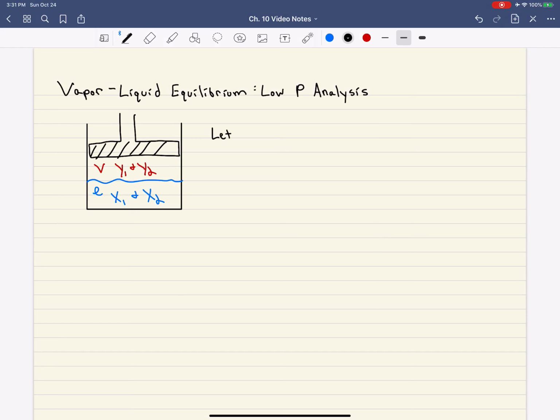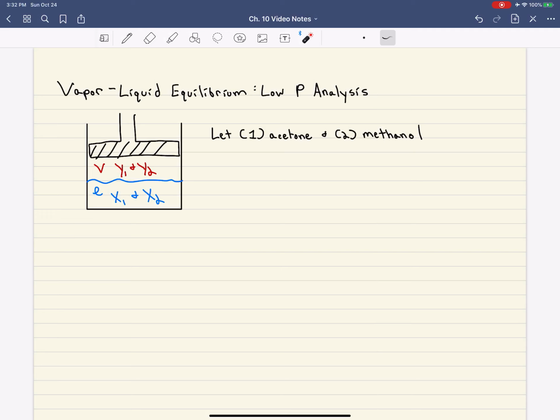If you want a more concrete example, you could think of species 1 as being acetone and species 2 as being methanol, because unlike when we talked about Henry's law, where the gas is only sparingly soluble in the liquid, if we're dealing with acetone and methanol, both of these things are miscible with one another over the entire composition range.